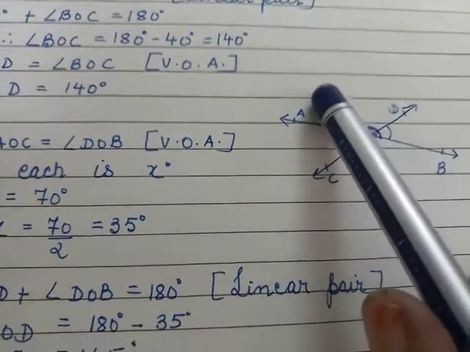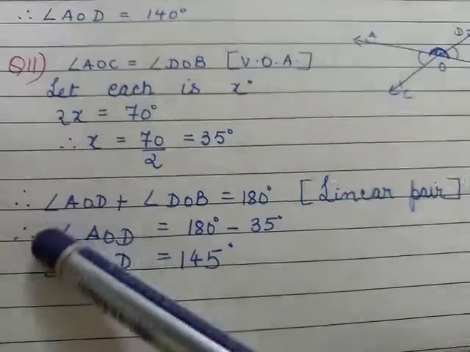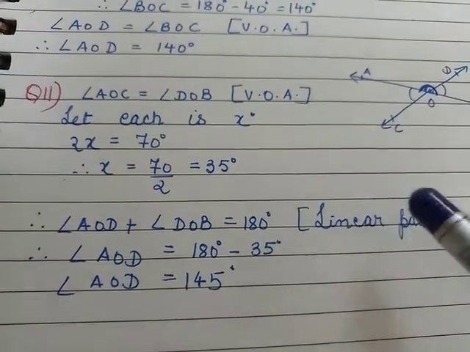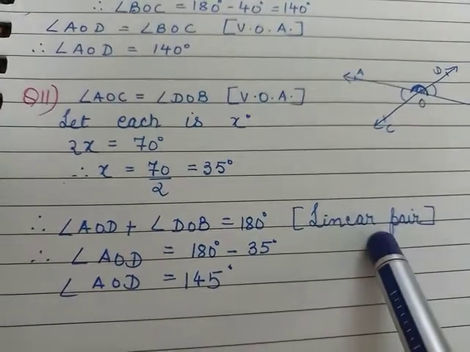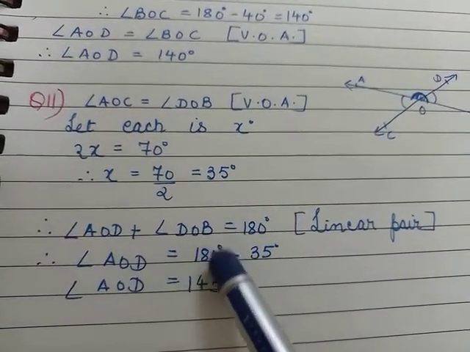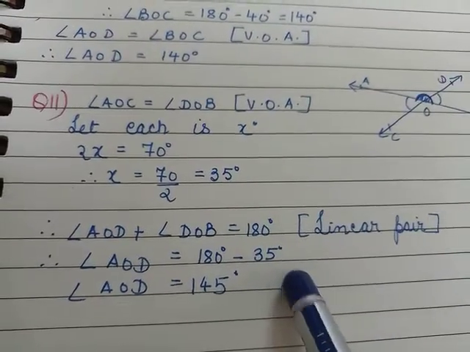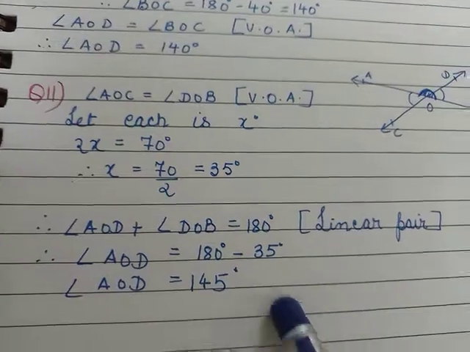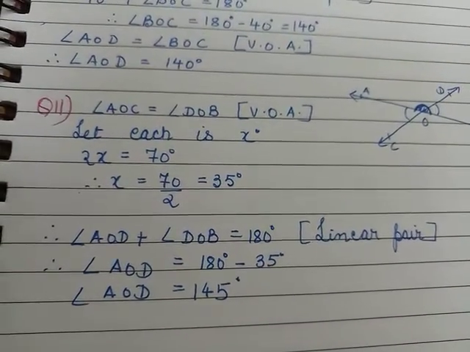So angle AOD we are looking for: angle AOD plus angle DOB is equal to 180. Reason is necessary, write the reason, linear pair. And angle AOD is equal to 180 minus 35 degrees, that becomes 145 degrees.